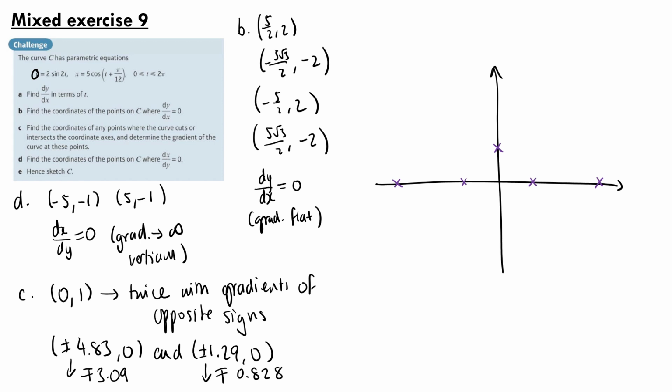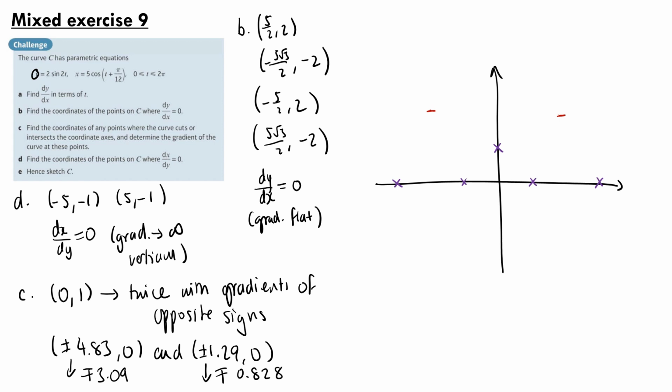Okay. Then we need to use the points where the gradients are vertical and flat. So let's use part B first. The points where the gradients are going to be flat are 5 halves, 2, so somewhere in between there and 2, so about, let's say, there. That's where the gradients can be flat. And then also minus 5 halves, 2, so on the other side.